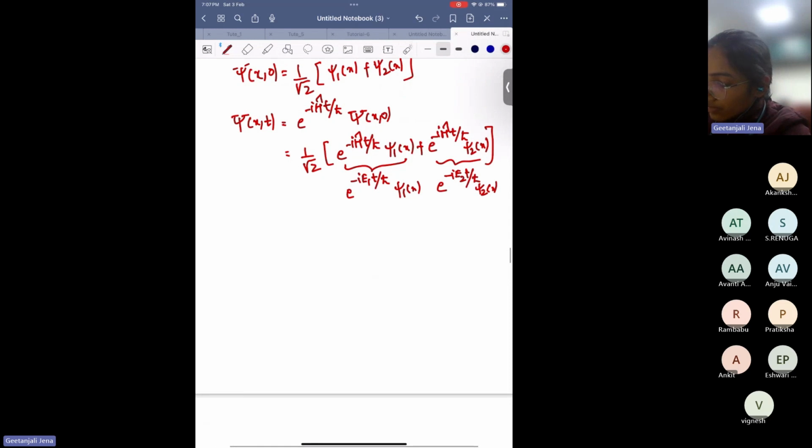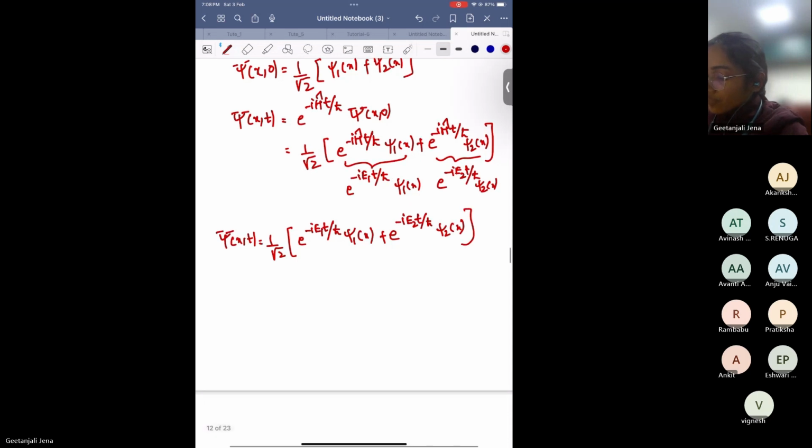So now the final form will be 1 by root 2 e to power minus iE1 t by h cut psi1(x) plus e to power minus iE2 t by h cut psi2(x). So take the complex conjugate.